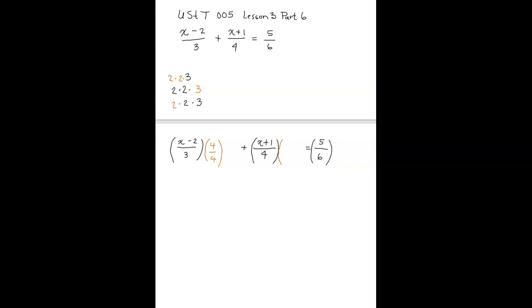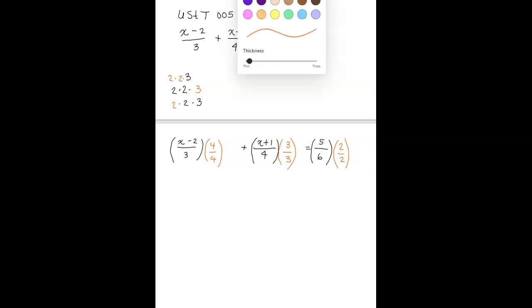Our denominator is going to be a 12. So here I need a 3 over 3. And here I need a 2 over 2. All right, this is going to give me all of my denominators being equal to 12, and that's what I need at the moment. So now I'm going to go ahead and multiply through.